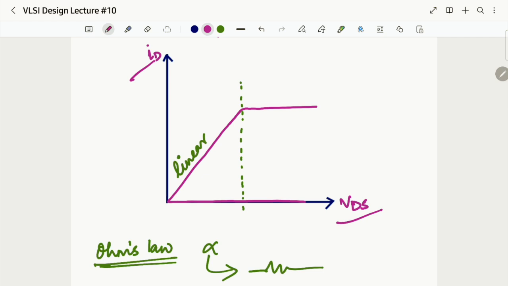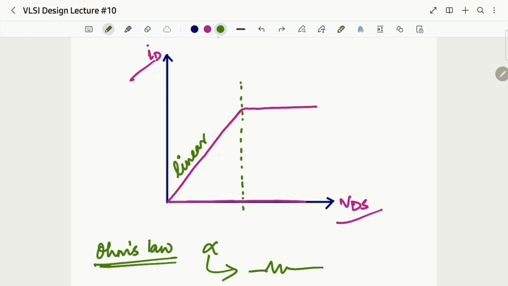In our linear region, my current value was increasing with increased voltage. For 1, let's suppose this is 2, for 2, let's suppose this is 3, for 3, let's suppose this is 4. My values were increasing, hence the name linear region.